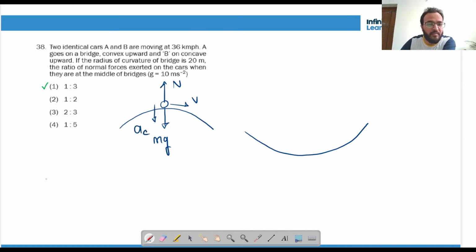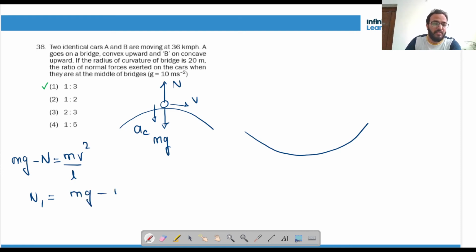Okay, speed is same. You will say, sir, here mg minus normal is equal to mv square by L. So N1 will be mg minus mv square by L.